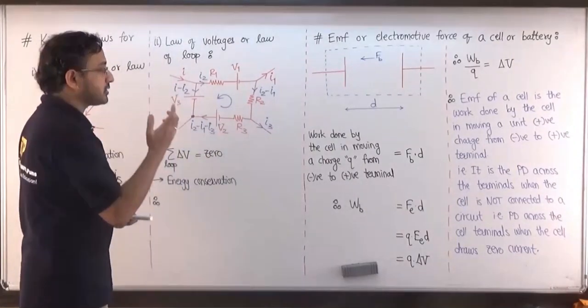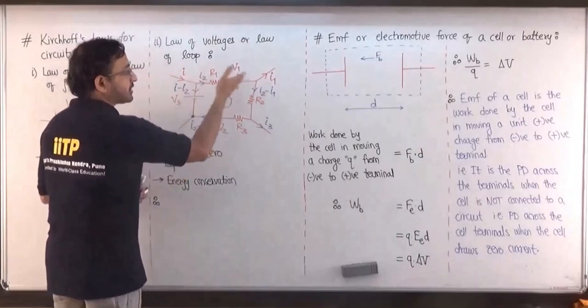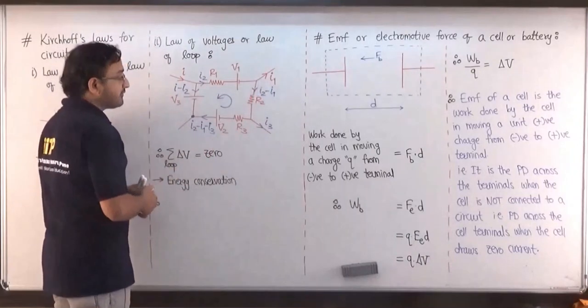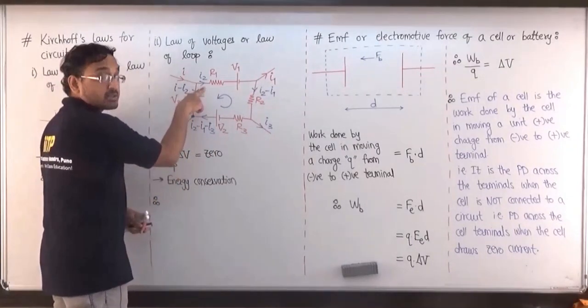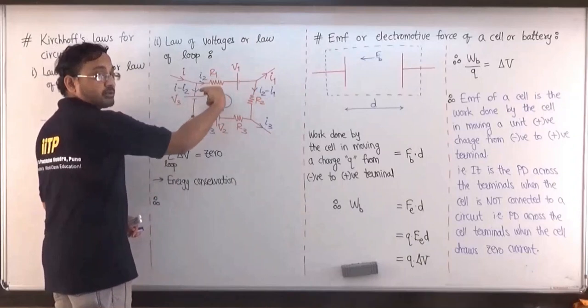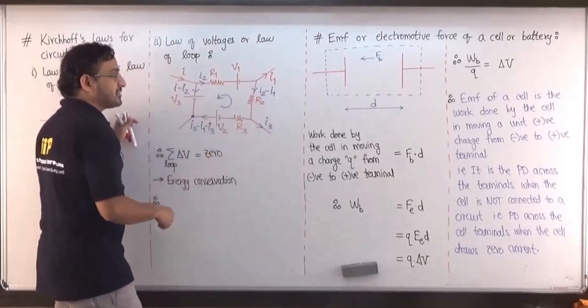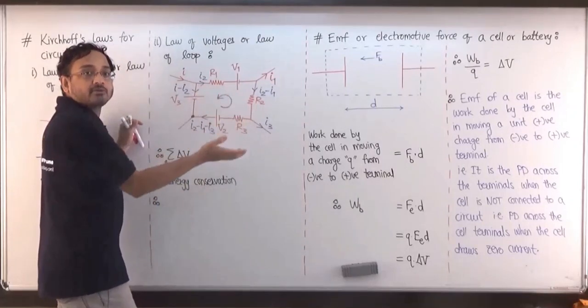Coming back to that word assumption, we just blindly assume that the currents are like that. Are they really like that? We don't know. In fact, what if I'm wrong? What if the current I2 is not really like this and is going the other way? Then after all the analysis, I will find that current I2 comes out to be negative.